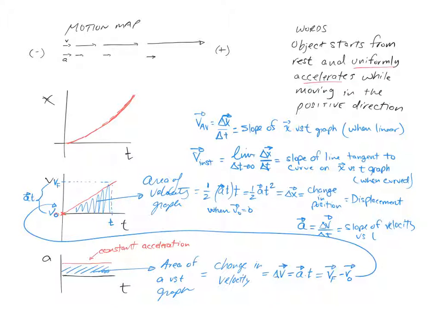Okay, so that's just a basic introduction, and then the first equation on your reference sheet is the equation of this line. That's one way of getting it. So I'll show you that on the next slide.